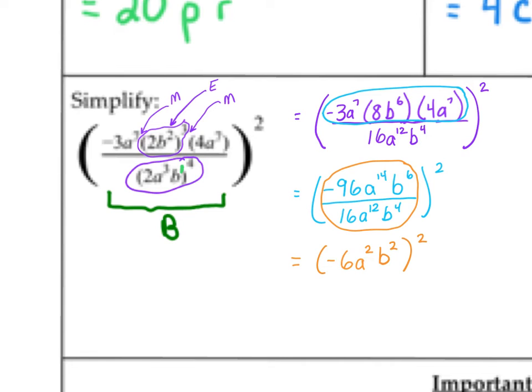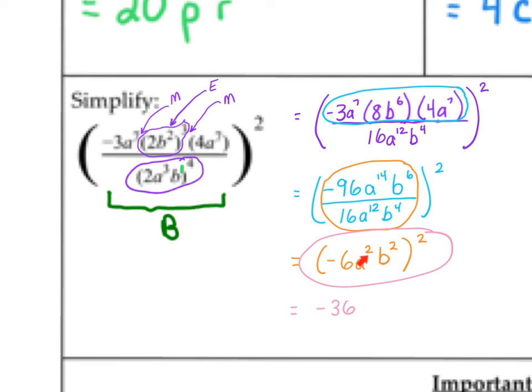And the very last thing you're going to do is that exponent on the outside. So here again, you want to remember this coefficient of -6 gets an exponent of 2. So -6 to the exponent 2 means -6 times -6, which is -36.